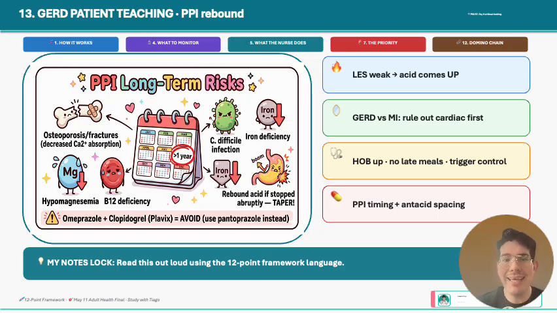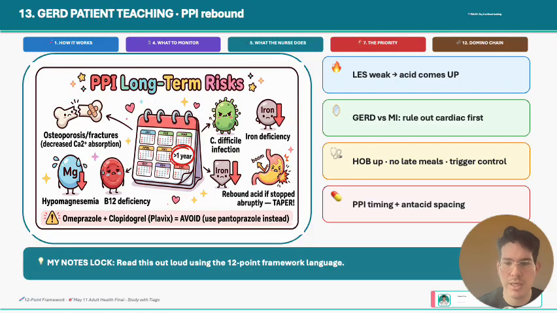The exact risk depends on the patient and the duration, but the nursing point is to monitor and avoid unnecessary long term use. So what I teach is not that PPIs are bad. The better teaching is to use the medication correctly, pair it with lifestyle changes, report red flags, and follow up if symptoms persist.